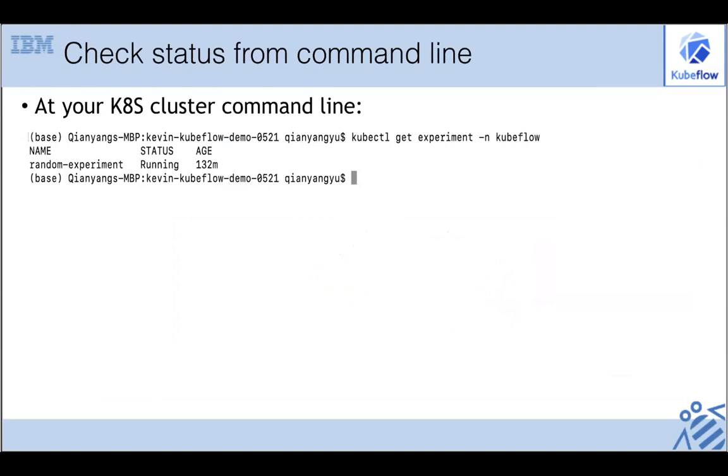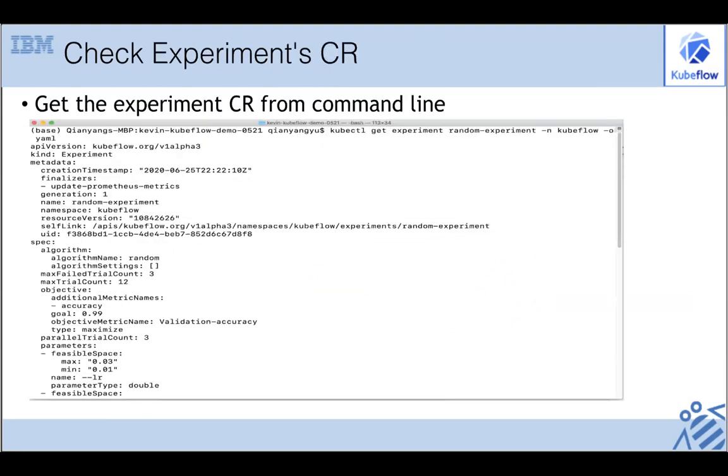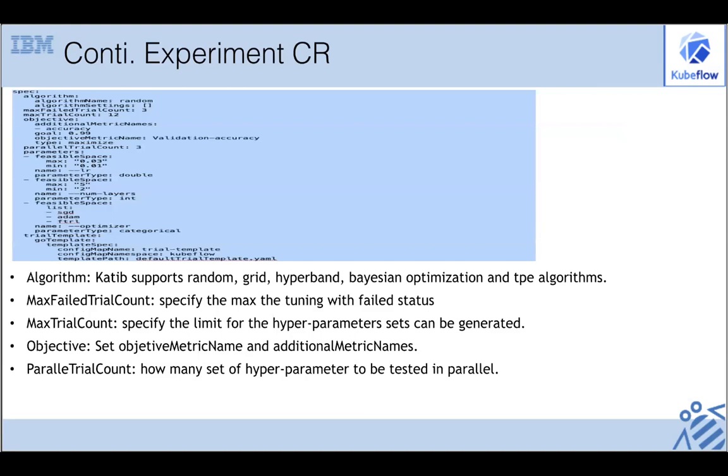And you can also check the status from the command line. Later I will show you examples. Use kubectl get experiment with the namespace. And you can also check the detail from the YAML file. Then you will see the specification from the dashboard, which we just showed you, and the algorithm.